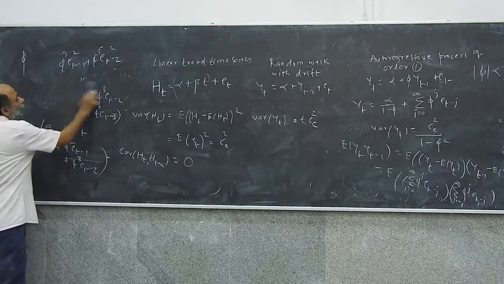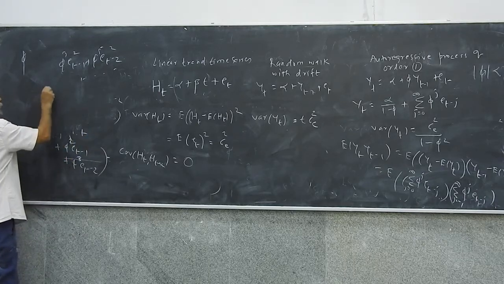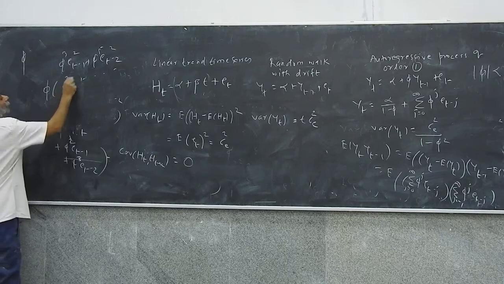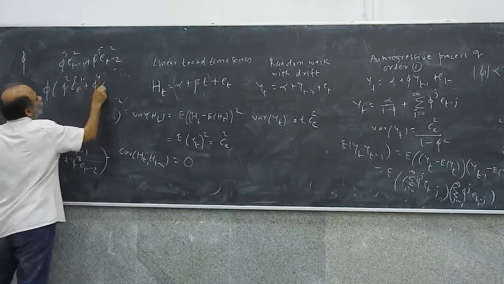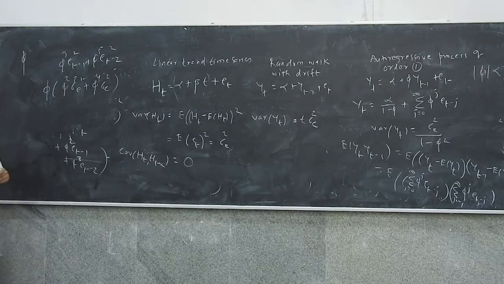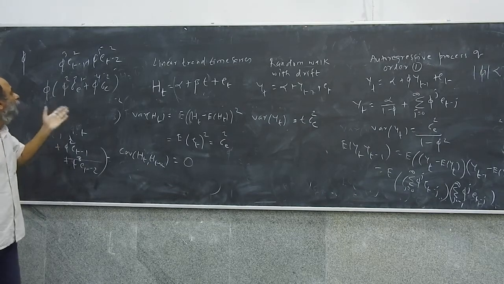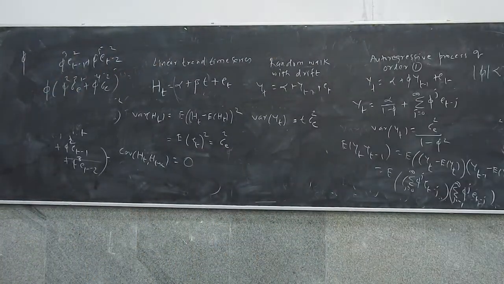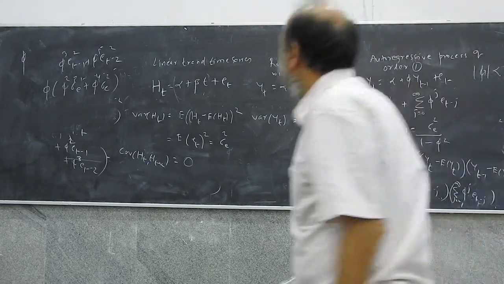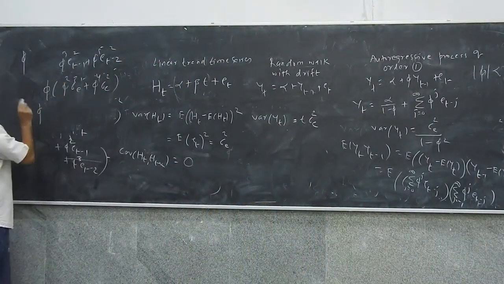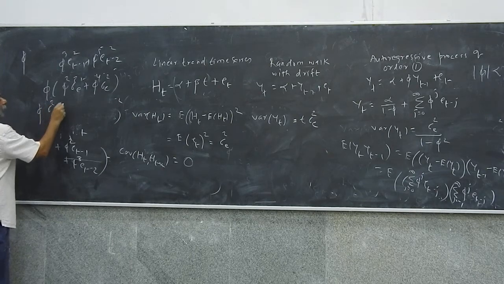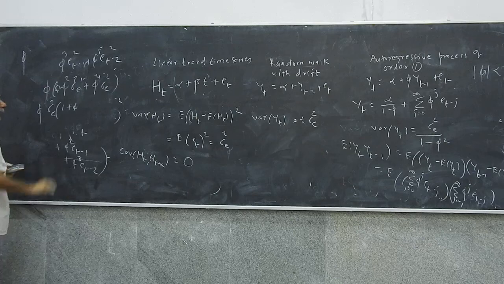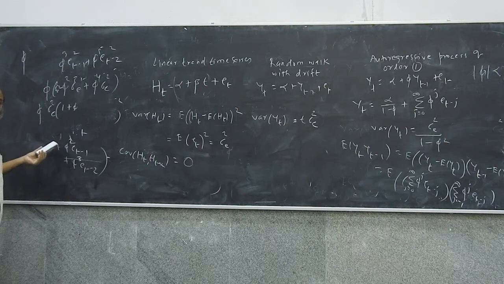So if I solve this, if I take phi out common, then I get phi square sigma square e plus phi raised to 4 sigma square e and so on. And if I have more terms, then those will be phi square sigma square e plus phi raised to 4 sigma square e plus phi raised to 6 sigma square e and so on and so forth. Right? So I will be able to write this as phi into sigma square e, and there will be a sigma square e term as well, because there will be an e_t term.